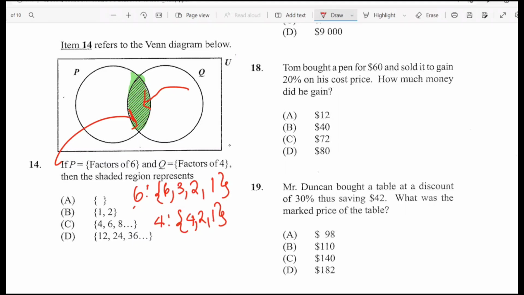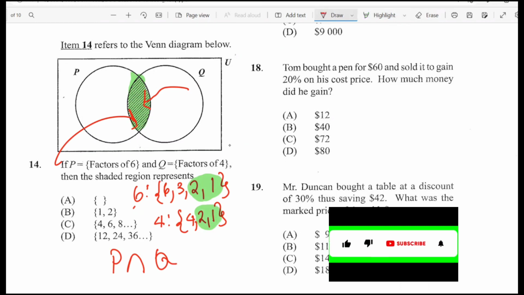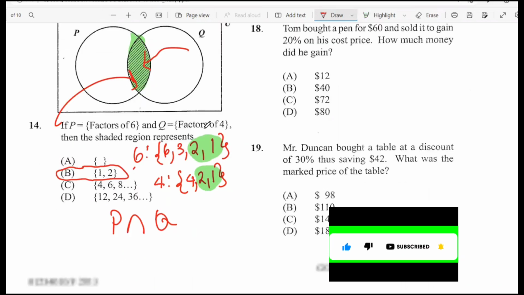And the shaded region is representing where P intersects with Q. What are the elements that are in both sets? There are elements shared between the two sets. You realize that we're dealing with 2 and 1. So that's the intersection: 2 and 1. There you go. So the answer is B.